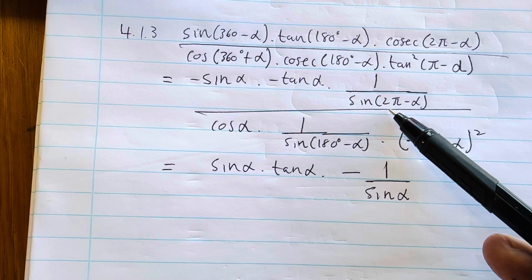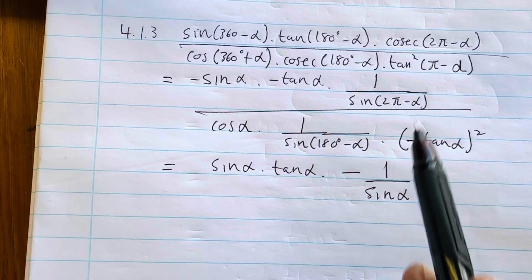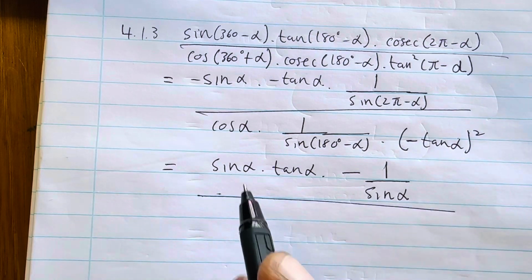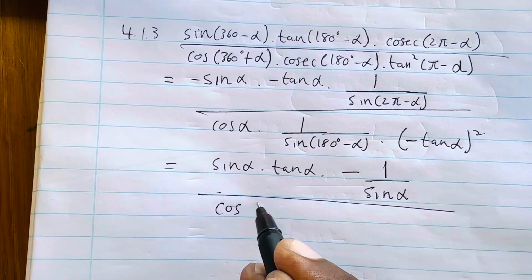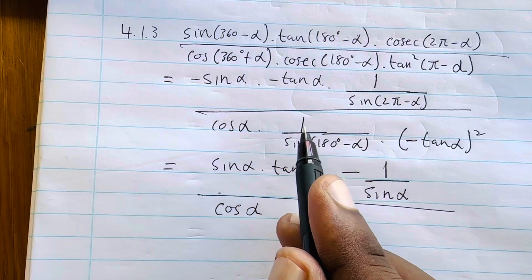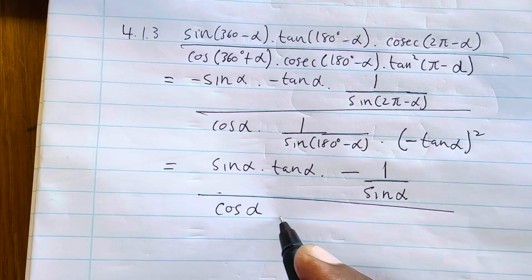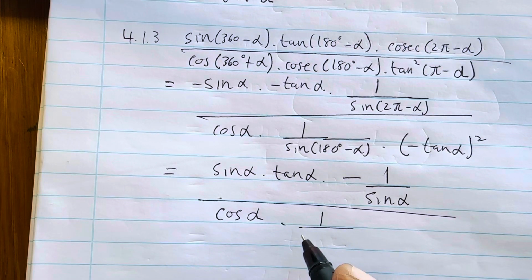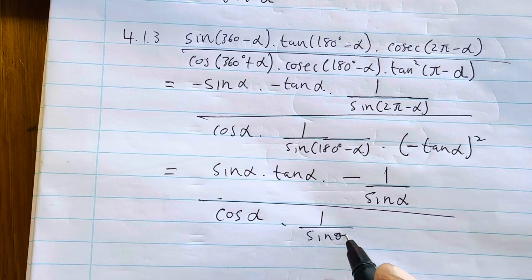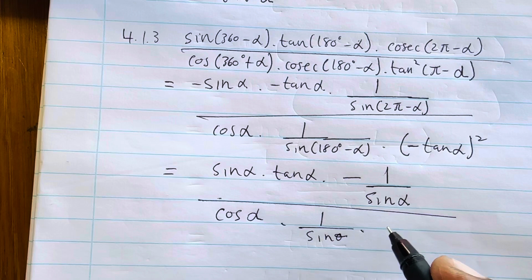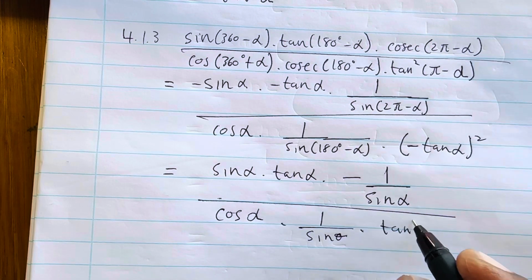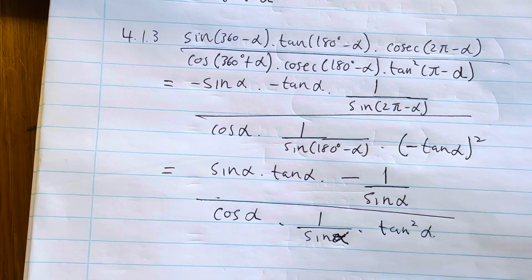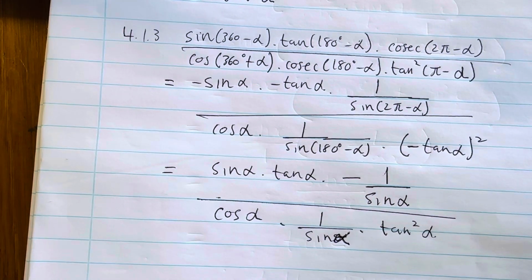It simply means we're having sine of 360 minus, which will produce negative sine, divided by cos of alpha, multiplied by 1 divided by sine of 180 minus, which will be sine of alpha, multiplied by tan squared alpha. Remember we're talking about alpha.